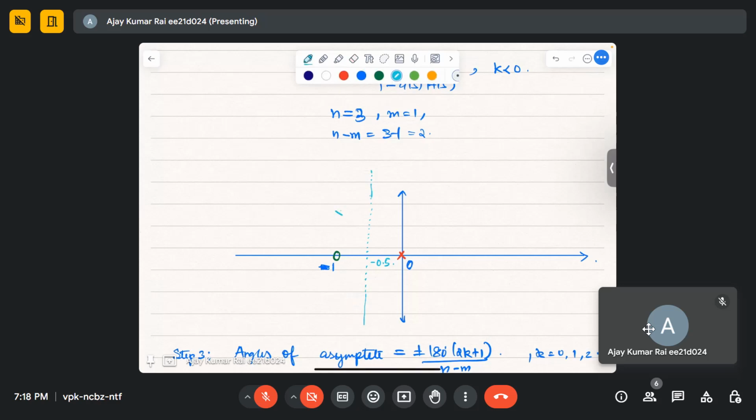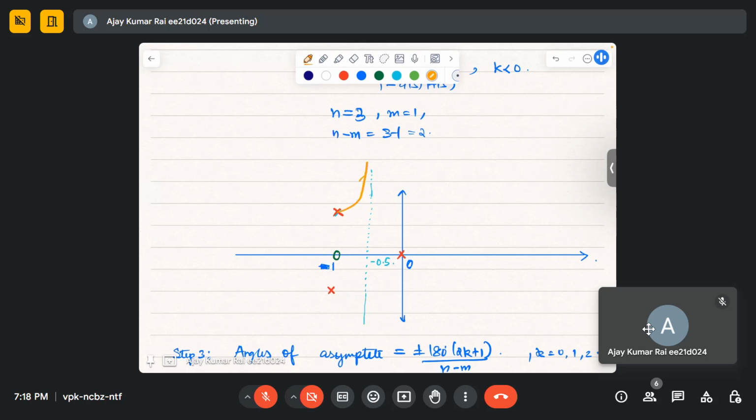Okay, so consider the k two poles here. Okay, so they will be going like this. So this will be one asymptote and this will be one asymptote and the other asymptote will be this.